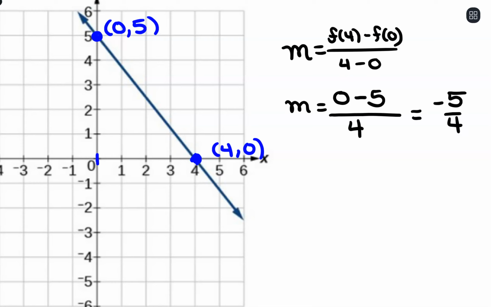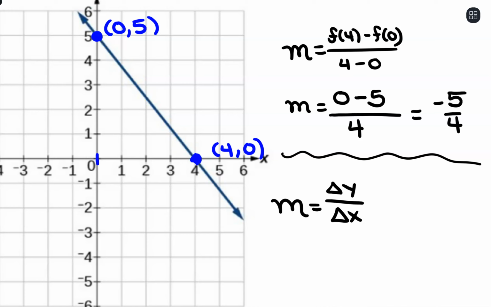So we're getting -5/4. Okay, the way we could have done this just by reading the graph, it's just an alternative way, is making a map from one coordinate to the other. So we want to talk about change in y over change in x. For the change in y, we're looking at how our graph moves up and down.